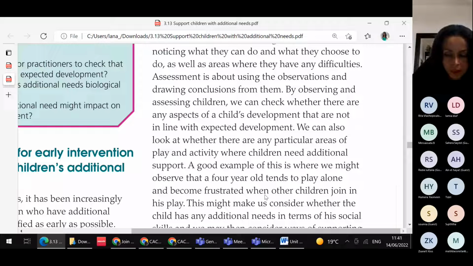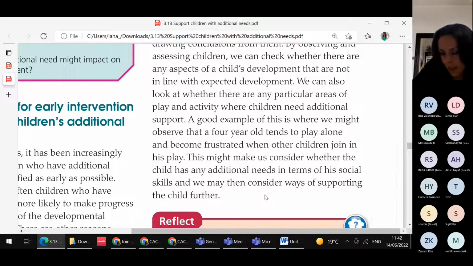So a good example of this, as you can see here in the book, is if we observe a child who's 4 years old, tends to play alone and becomes frustrated when other children join in with his play. If you keep monitoring this child, you will realize that this child has got special needs with his social skills.